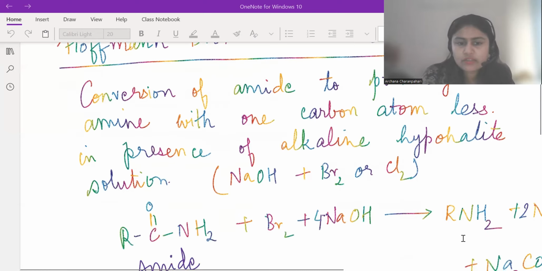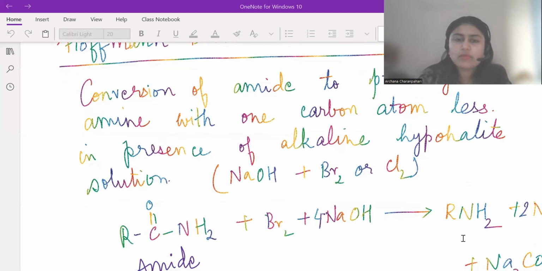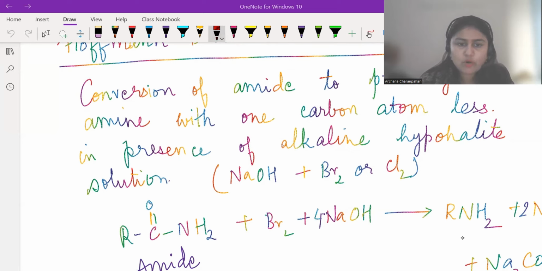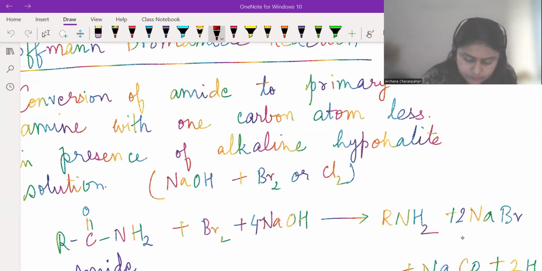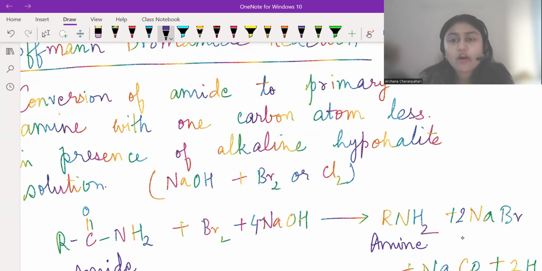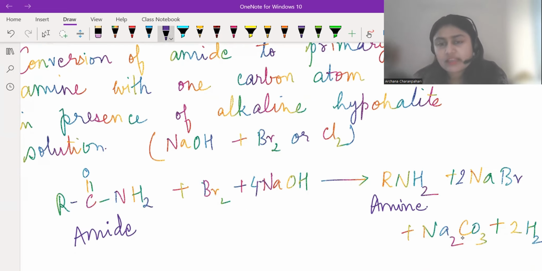Let's see the reaction. You have amide, RC double bond O NH2, plus Br2, plus 4 molecules of NaOH, and then what we get is amine from amide, and the side products are NaBr plus sodium carbonate.